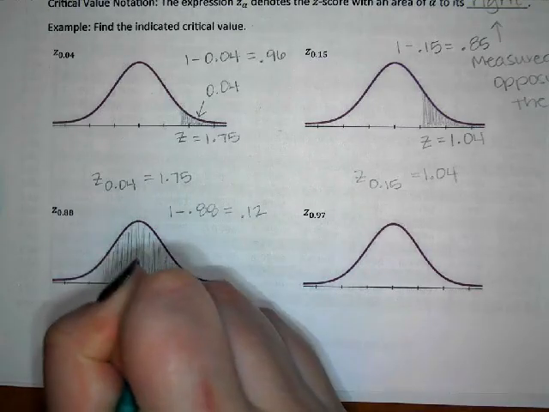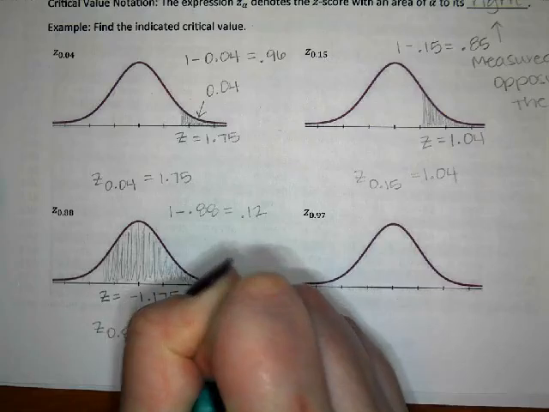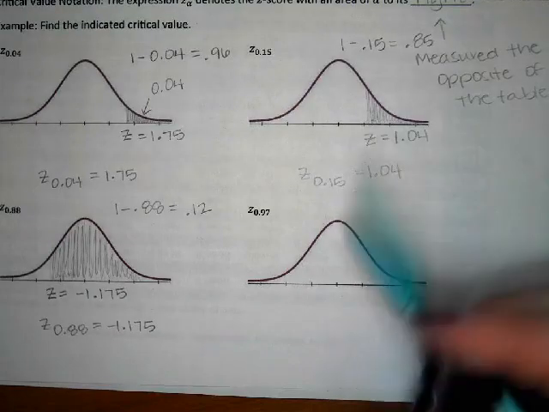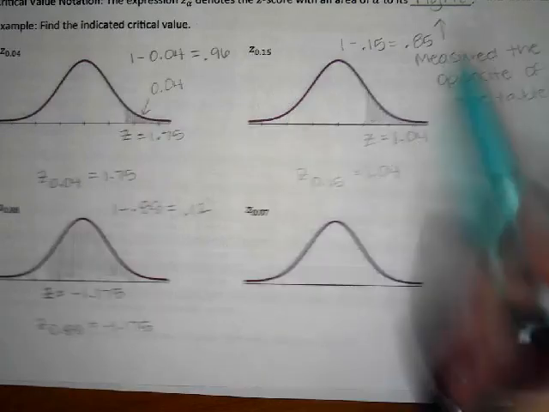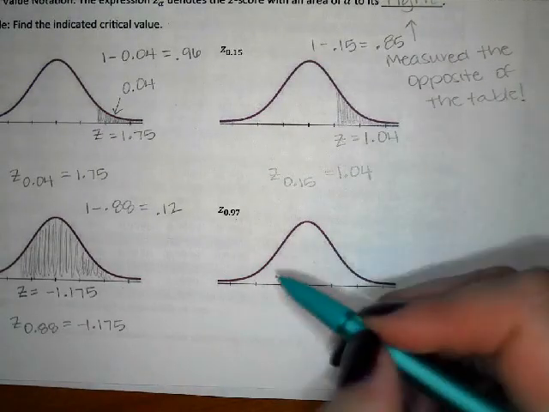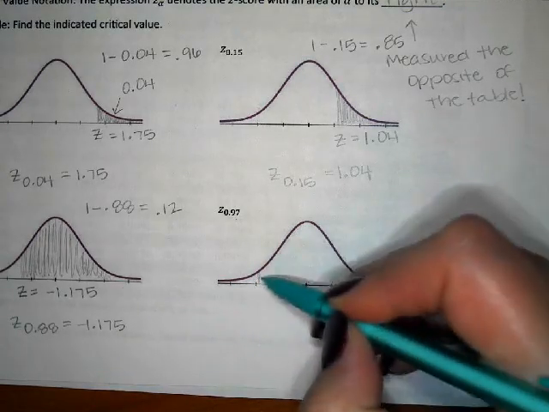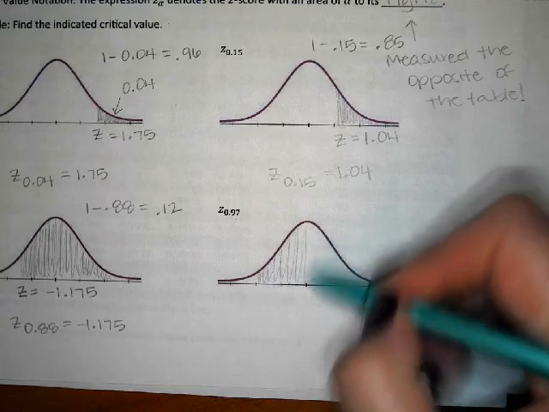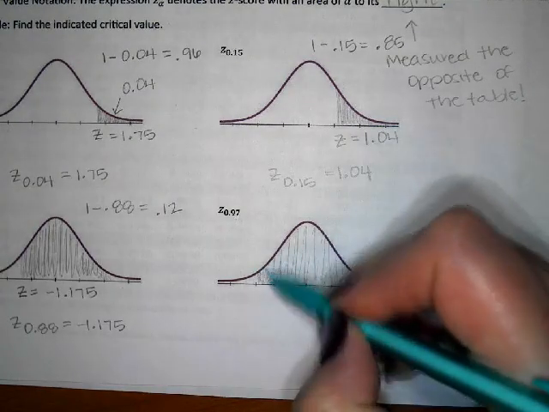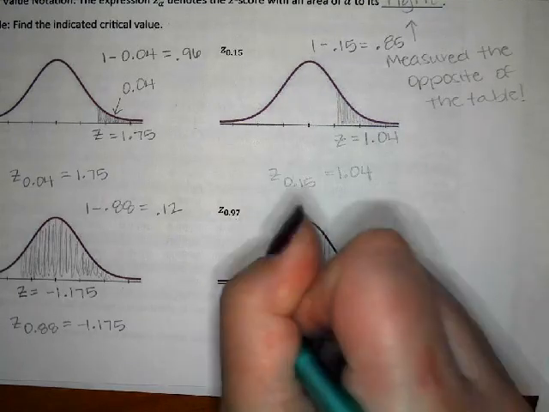Okay, and then this last one, 0.97, so we've got like all but the last 3%, so that's like almost this whole thing. They're saying they want all of this. So 1 minus 0.97 is 0.03.